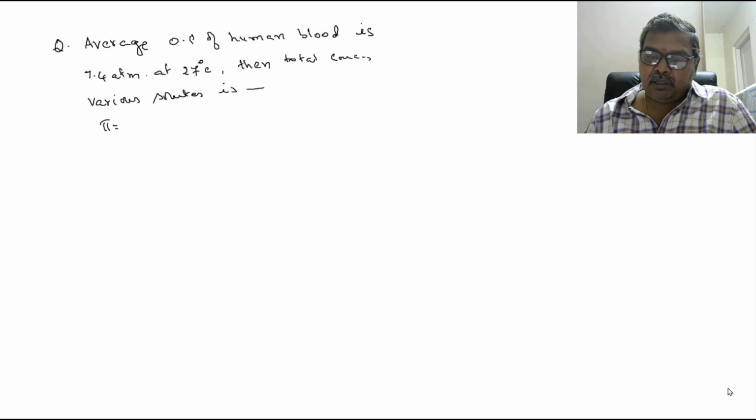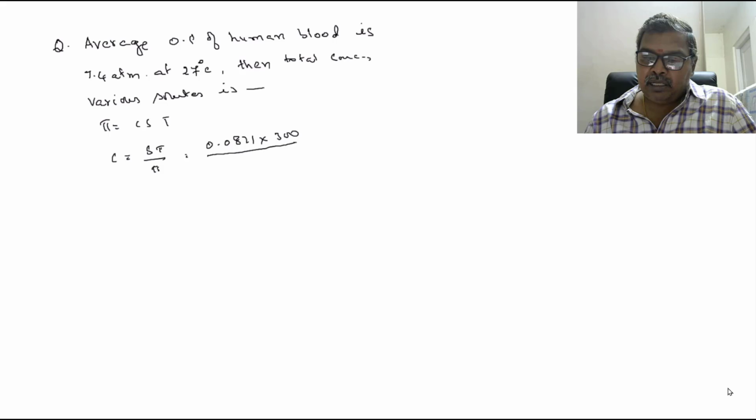So pi equal to CST, so C equal to ST by pi, that is 0.0821 into 300 by pi 7.4. Then you will get the concentration in terms of moles per liter.